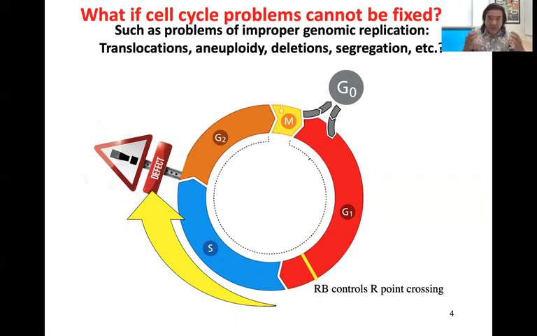But bigger problems that are part of improper genomic replication, for example translocation events, or aneuploidy, where some of the chromosomes got replicated but some of them didn't, or deletions, where maybe a whole chunk of some chromosome just disappeared.